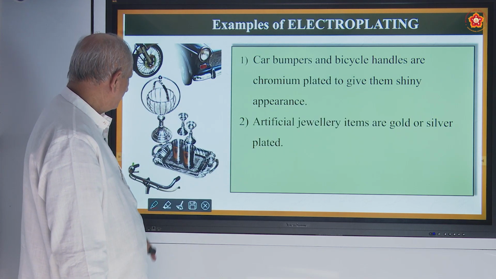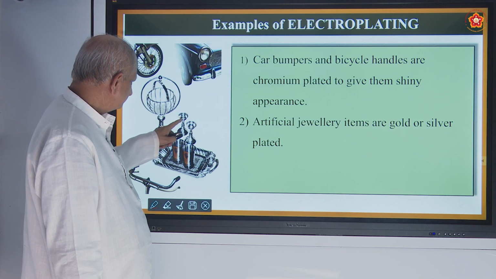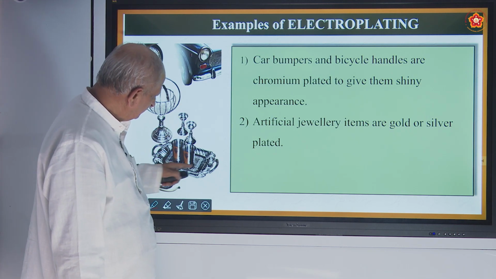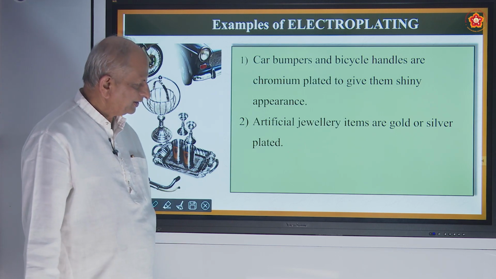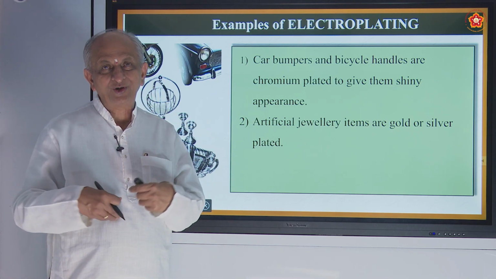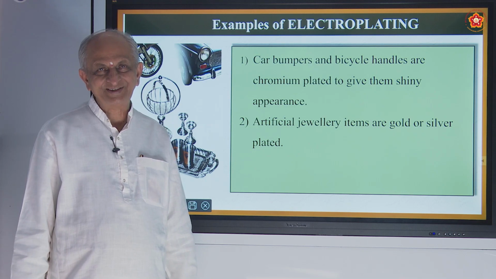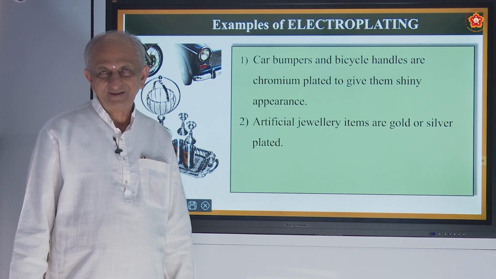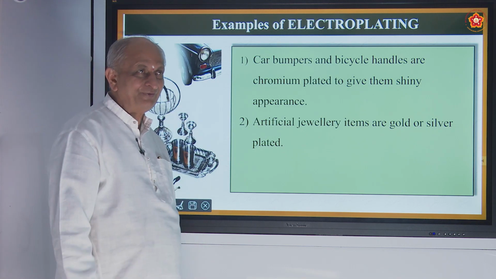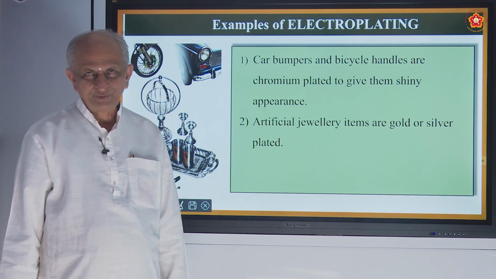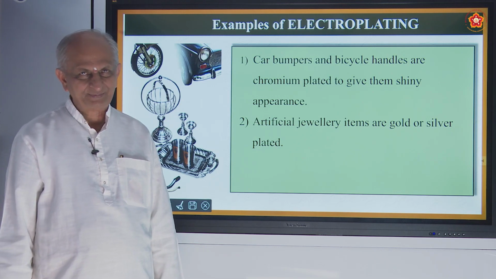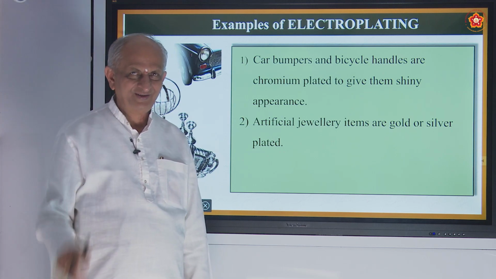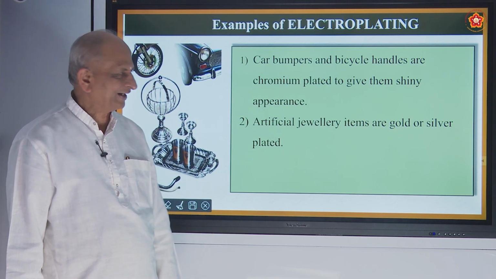And artificial jewelry. See, artificial silver, then this is also artificial silver. You might have seen what is called rolled gold, especially in the marriage seasons and functions. Especially ladies, they will wear different kinds of artificial things. Of course, those who can afford it will have gold items. Those who cannot afford it, what do they do? They use rolled gold.